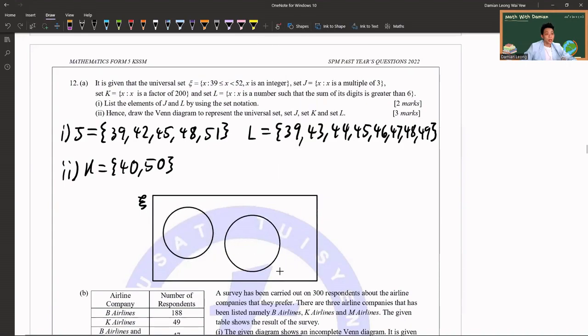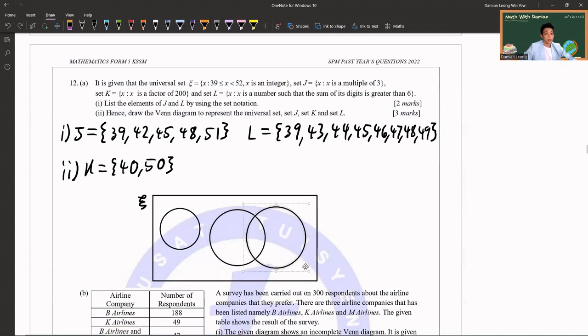Whereas J and L would have an intersection between them, because there are outcomes that we have in common between J and L. J, L, and K. So J and L, they both have 39, 45, 48. So 39, 45, 48 here.